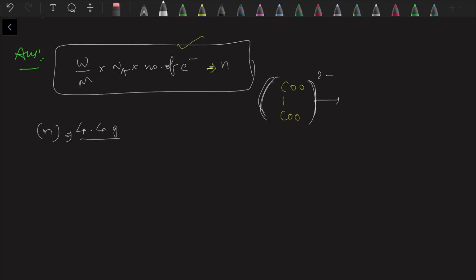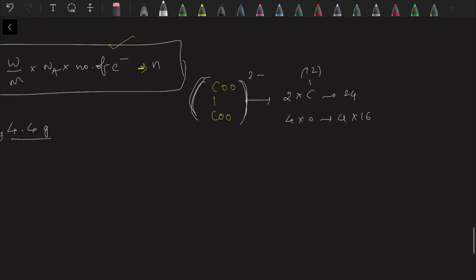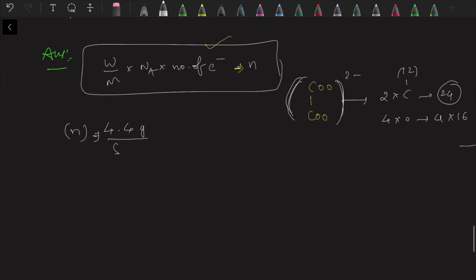How many carbons? 2 carbons. Mass of one carbon is 12, so 2 into 12 is 24. Oxygen is 4, 4 into 16 is 64. 64 plus 24, you are going to get 88 gram as the molecular weight. So given mass is 4.4 over 88. Simplify, you'll get 0.05, that is 1 by 20, the number of moles of oxalate.